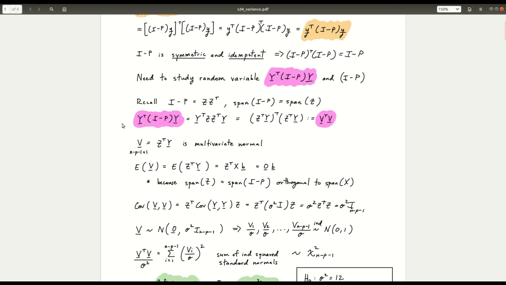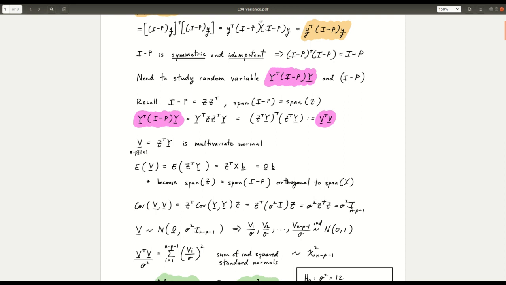Okay, so that's the first thing. Which means that if we take this thing y transpose (I minus P) y, we can rewrite it as y transpose Z times Z transpose y. And of course, we can rewrite it this way. And then I'm just going to define Z transpose y to be this vector capital V.